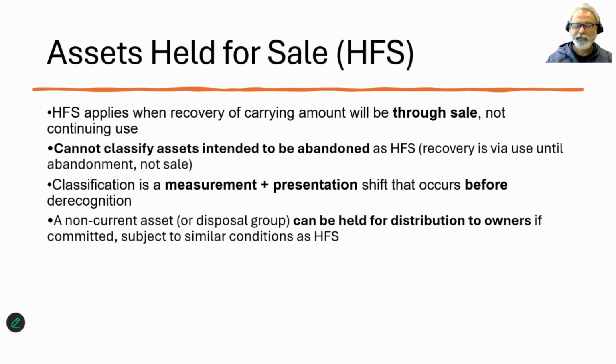So if a group of assets are meant to be distributed to owners, like, given back to the owners, they can't be called held for sale, but the criteria for such classification is similar to the criteria for held for sale.